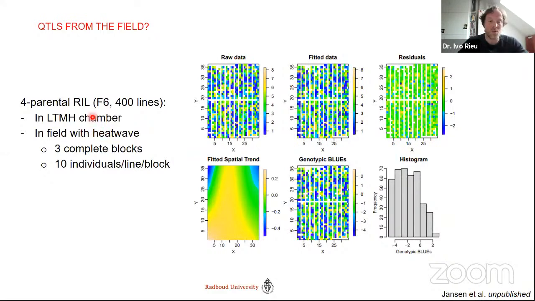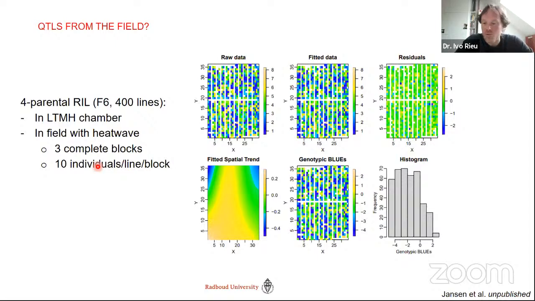So this was a field in which we had 400 lines in 3 complete and randomized blocks, and each time we had 10 individuals per line per block. So this comes to 12,000 plants in those fields, and they were phenotyped by us in detail for pollen viability, pollen number, things like this, pollen release.